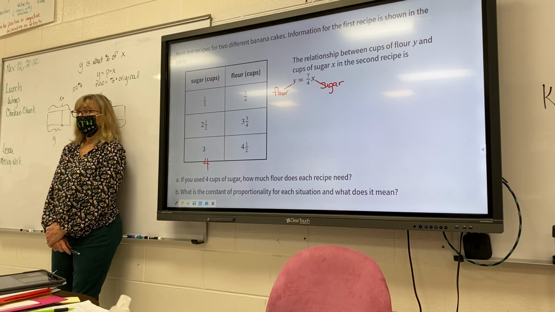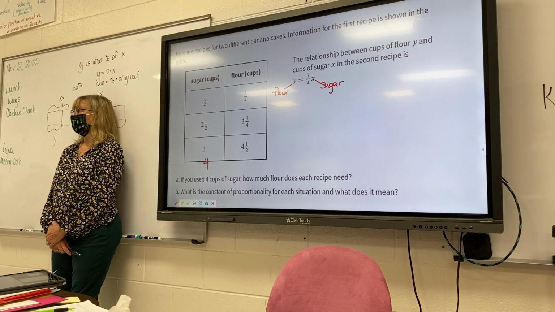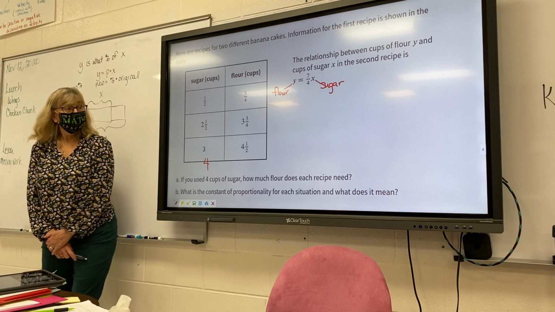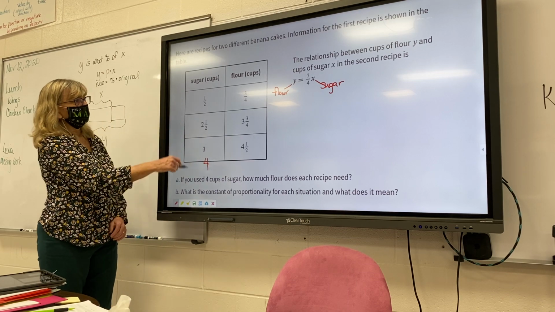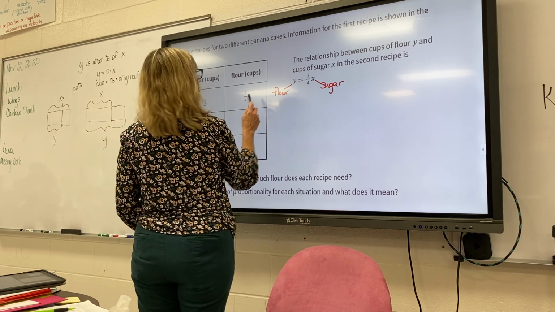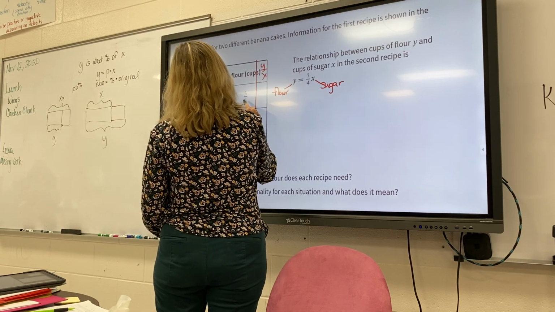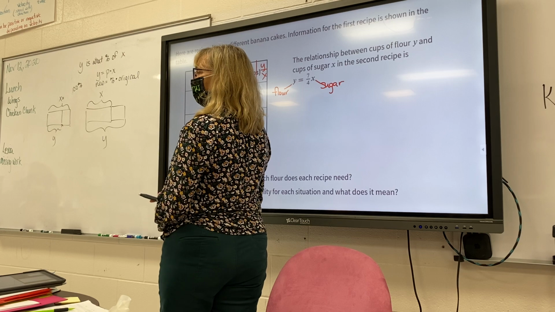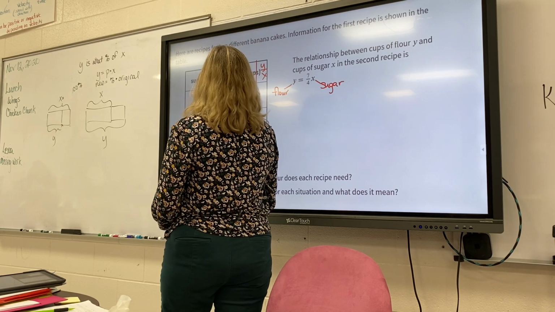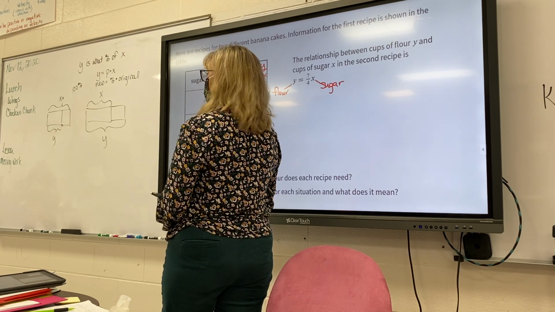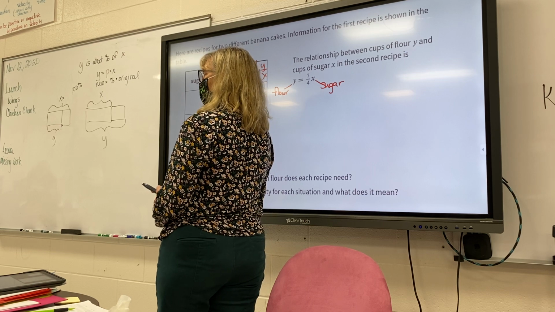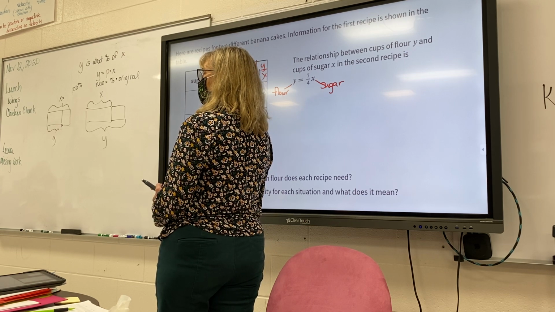What have we used with tables before? The COP, because it's not real easy to go here. So let's find the COP. So what is Y over X? Well, what is 3/4 divided by 1/2? You've got calculators, let's go.